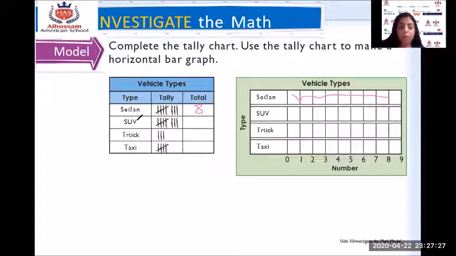For SUV, 5 and 3 equals 8. So here I have to color or shade 8 boxes. Truck 3. Then I have to color or shade 3 boxes. Taxi 5.